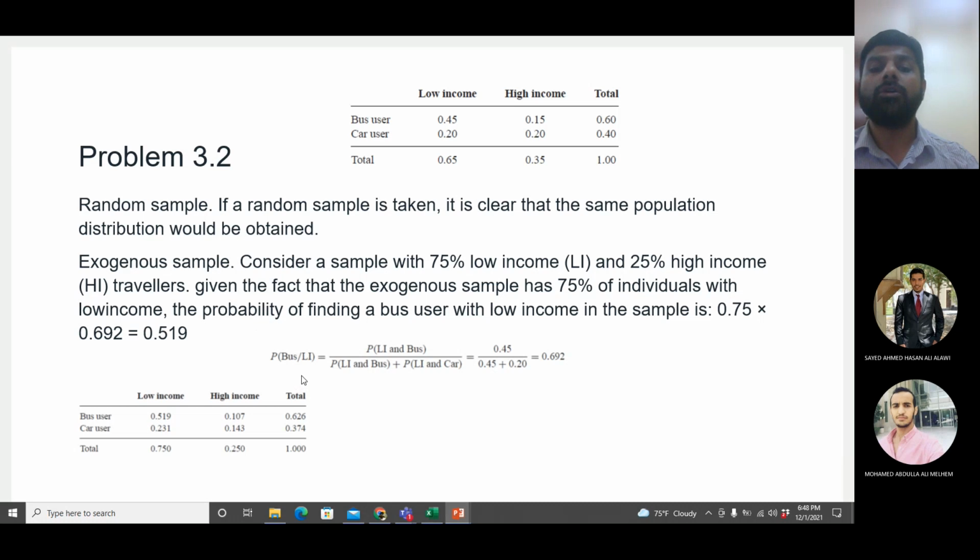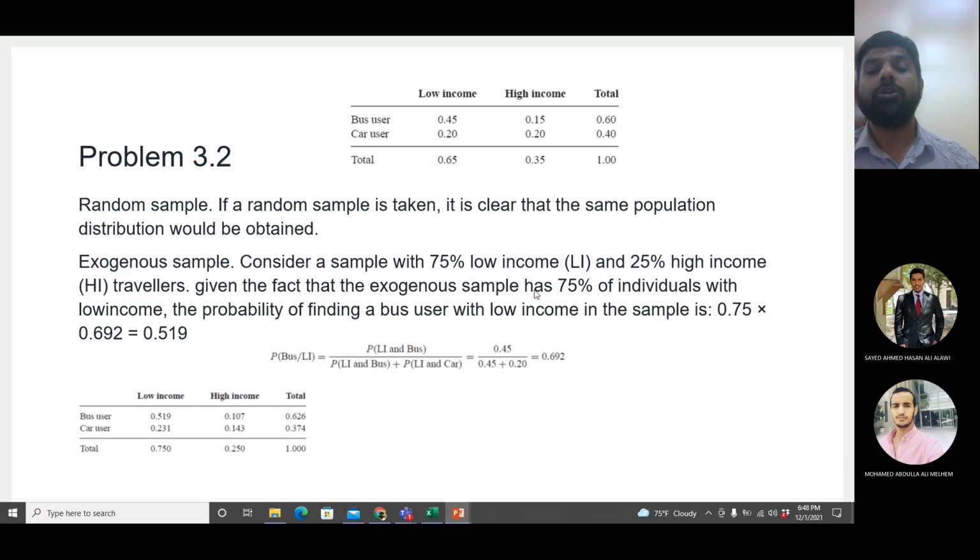Okay, so what is the probability, from the sample, that a low income group person will choose a bus? You take the general probability and multiply it with the probability of low income group from the sample. In the sample I have 75% probability of being low income.